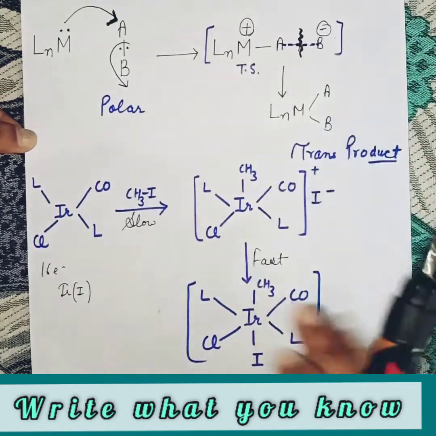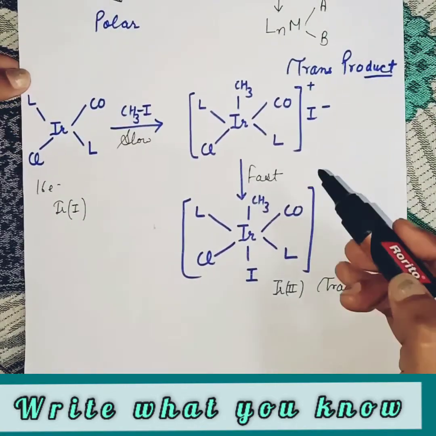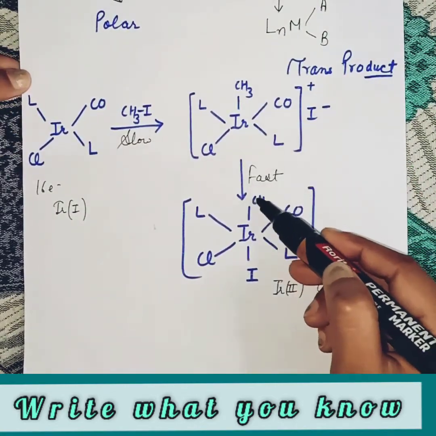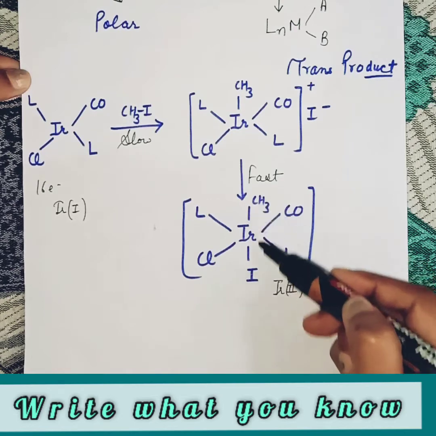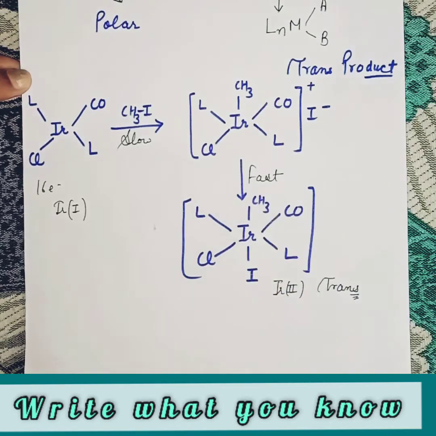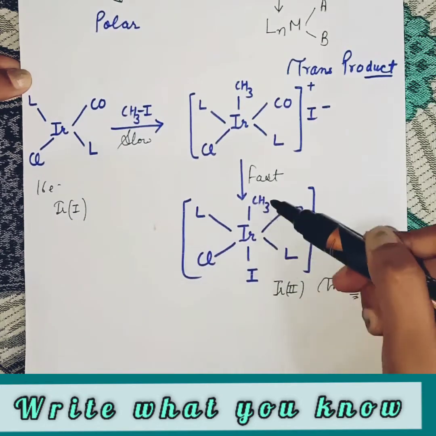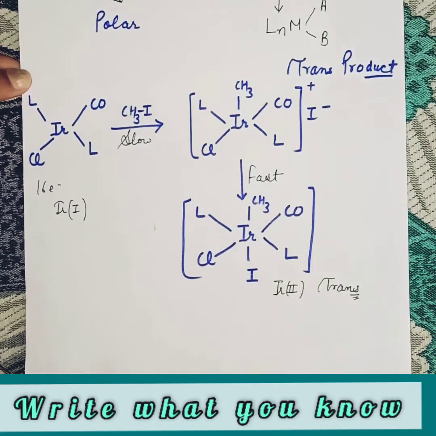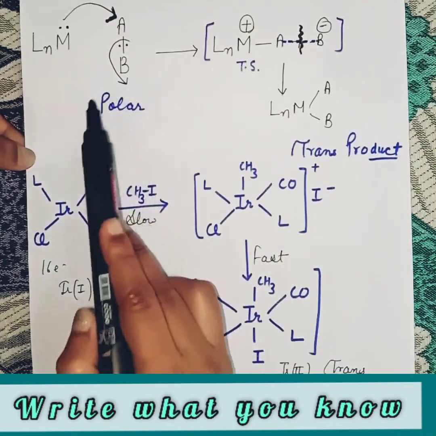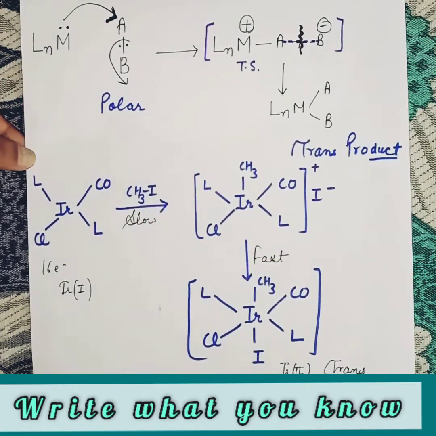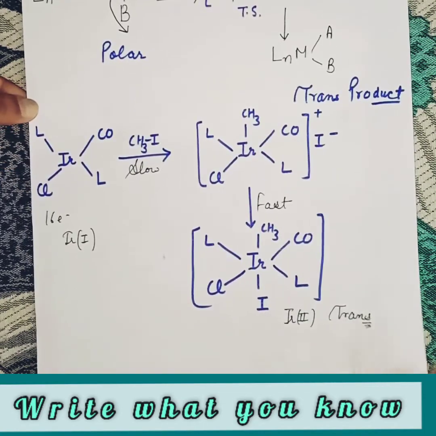In the fast step, the iodide gets attached to the iridium at the trans position to CH3. So both CH3 and I are at trans positions to each other, and in this way, if the incoming group is polar, the groups attach trans to each other.